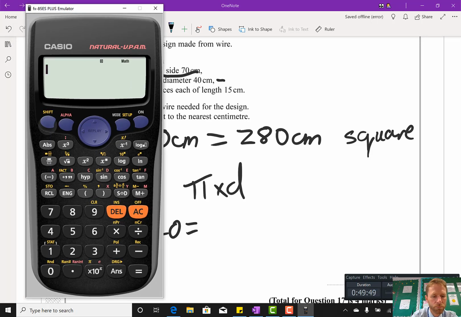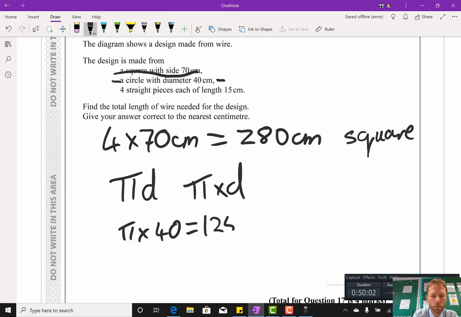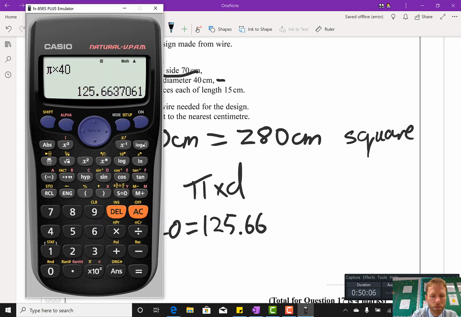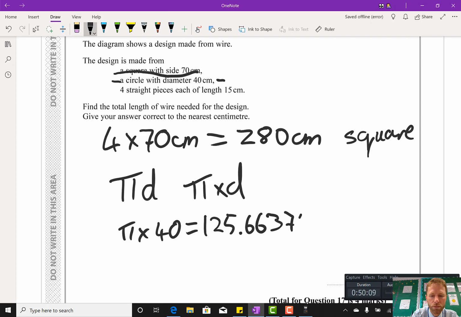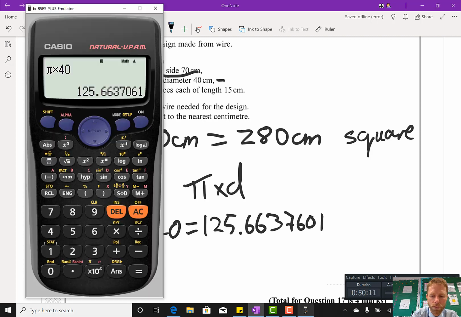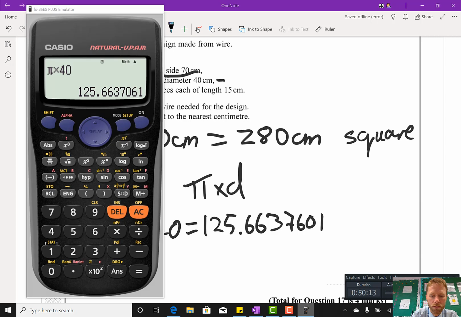Pi multiplied by 40 equals 40 pi, so press S-D: 125.66, can't remember the rest, what is it? 37601. Just check that I've got that correct. Decimal points might be important.